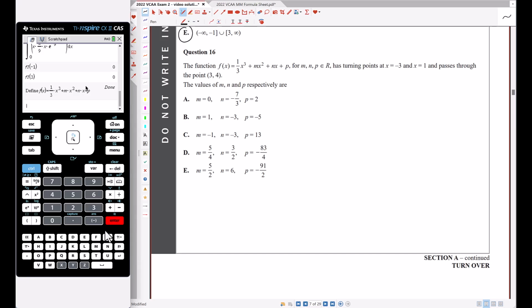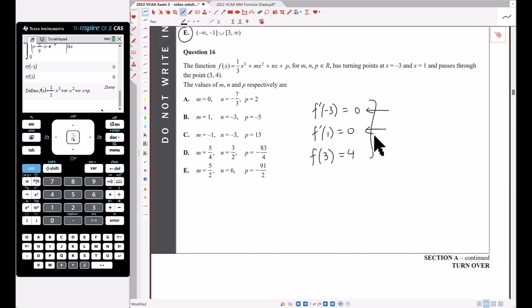Alright, we know we have turning points at x equals -3 and x equals 1, so that means that we know that f dash at -3 is 0, we know that f dash at 1 is 0, and it passes through the point 3, 4, so f of 3 equals 4. So those are our three simultaneous equations we'll use to solve for m, n, and p. Entering simultaneous equations involving derivatives in the TI Inspire CAS is really fiddly.